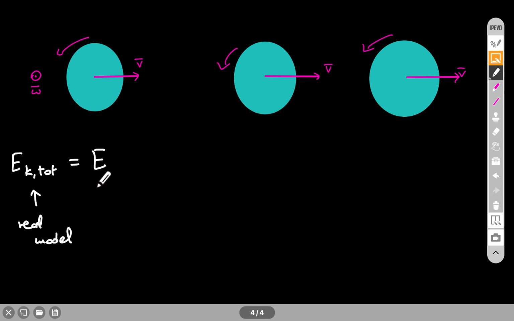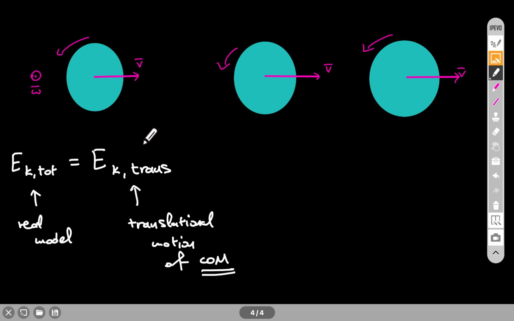I will say the total kinetic energy is equal to EK translational of the center of mass, so this is due to the translational motion of the center of mass.